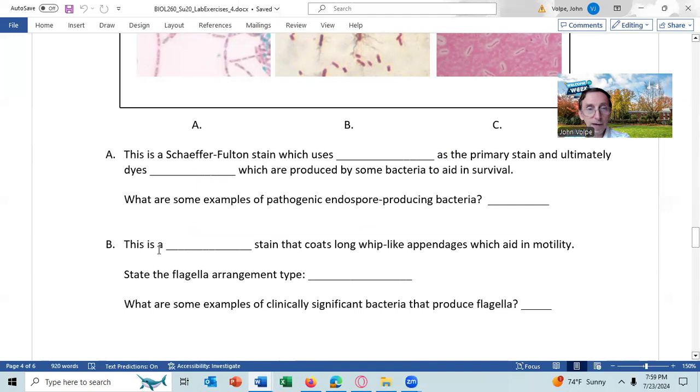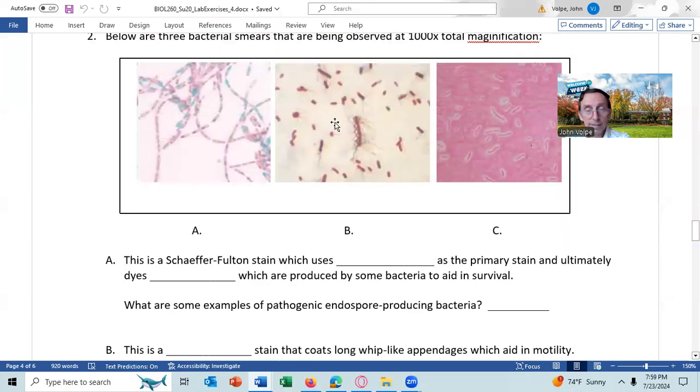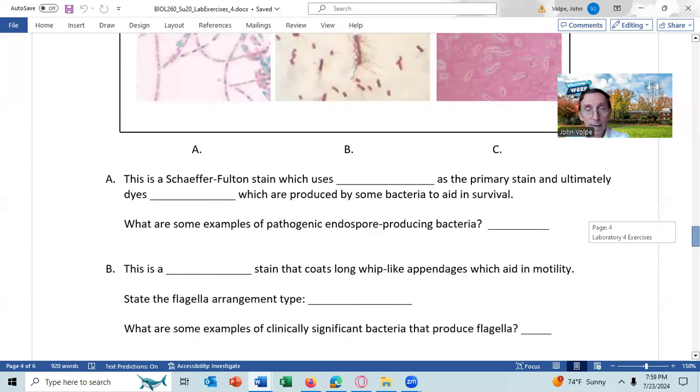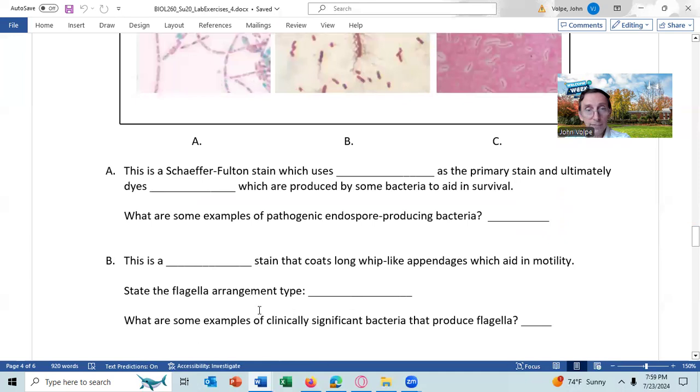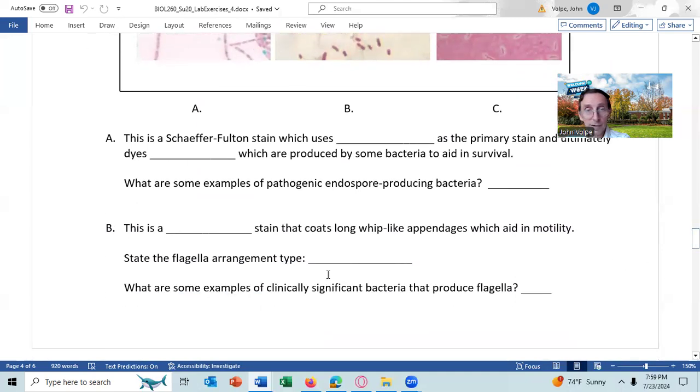For figure 5B, this slide is a wet stain that coats long whip-like appendages which aid the cell in motility. So what stain is that? And state the flagella arrangement type. So take a look at the flagella arrangement of these cells, and state the flagella arrangement.